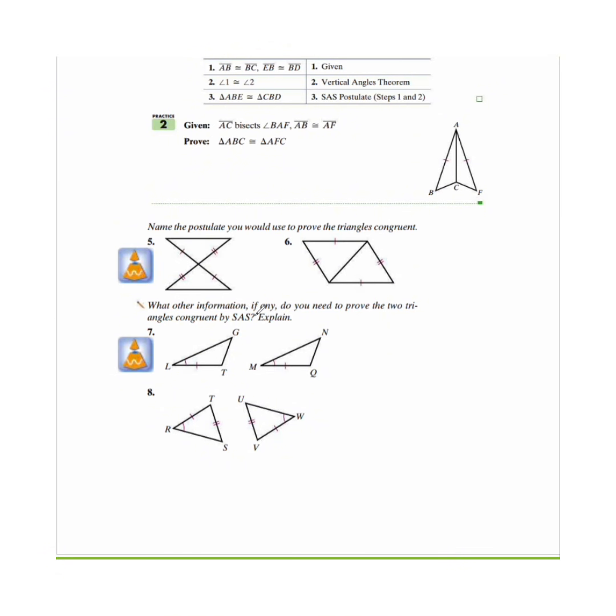What other information, if any, do you need to prove the two triangles are congruent by SAS? Explain. Let's take a look at example number 7. What do we have? We have been given that those two sides are congruent, and those two angles are congruent.